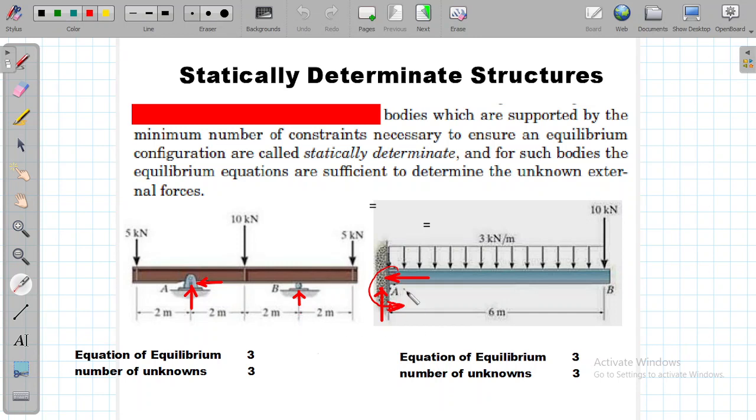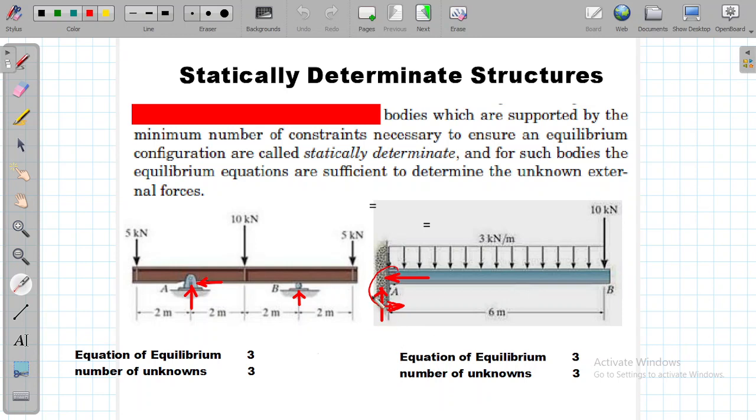If you look at another beam, this cantilever beam is fixed. A fixed support will always give you three reactions: two force reactions and this moment at A, so it is Ma.